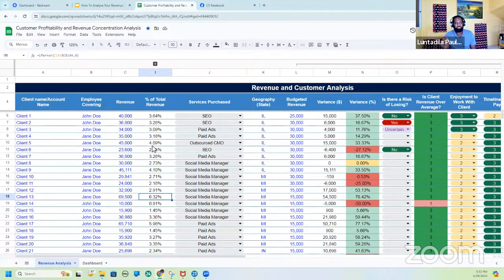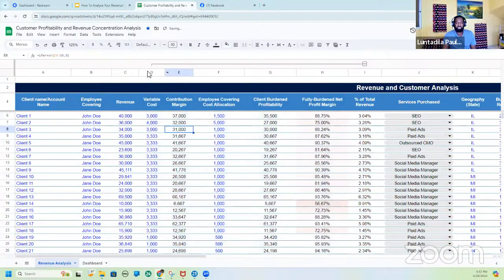So let me show you what else you can do with your client and revenue information. Here is where our analysis will begin. Number one, we need to have an idea of the variable cost of servicing a given client.